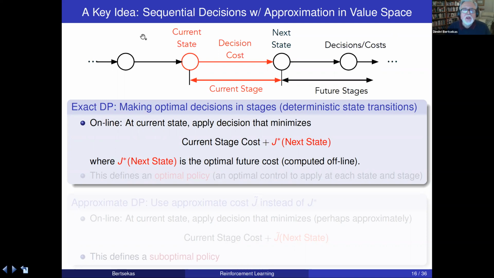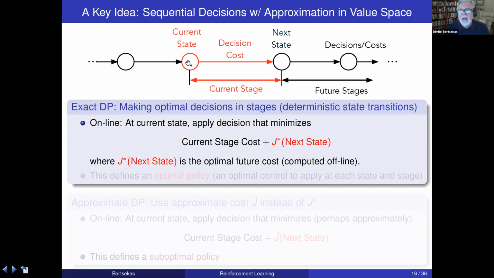Our basic framework involves a system or an environment that moves from one state into another over time. So at the current time, say time k, we are in a certain state, we apply a certain decision or action, and then we move to a next state, and that marks the current stage.